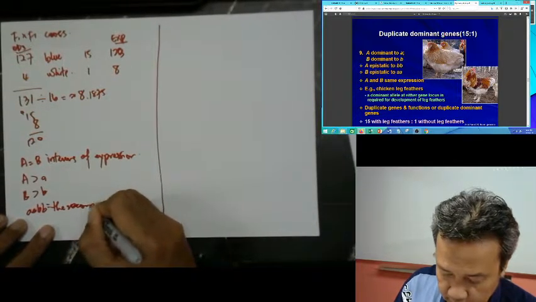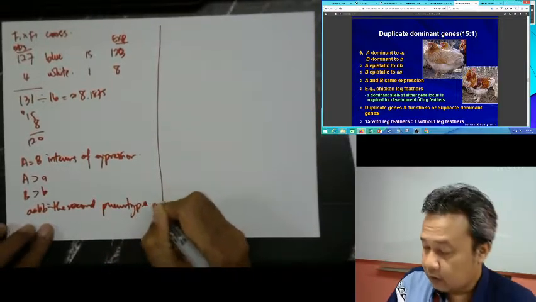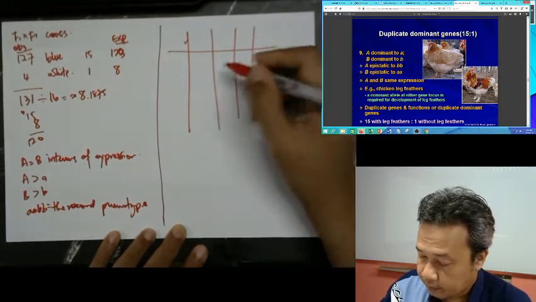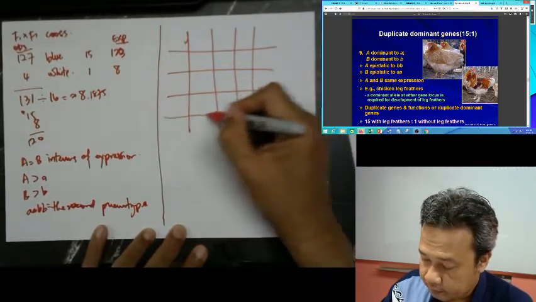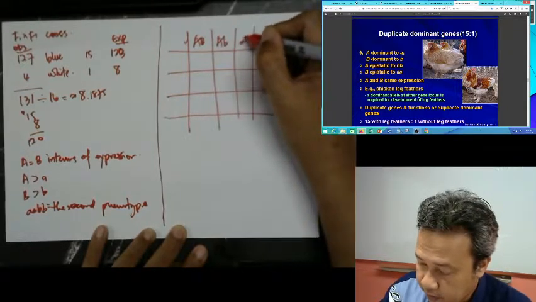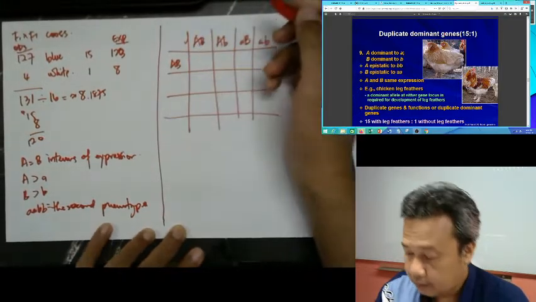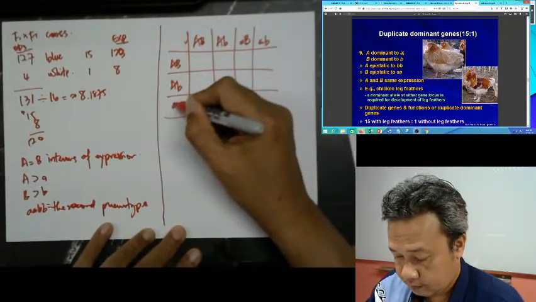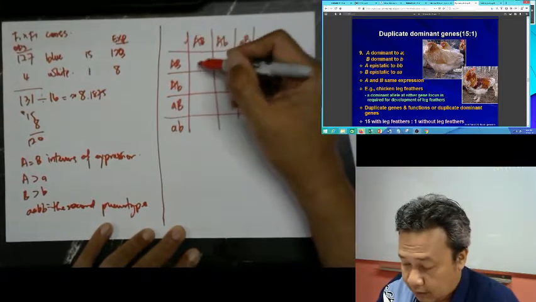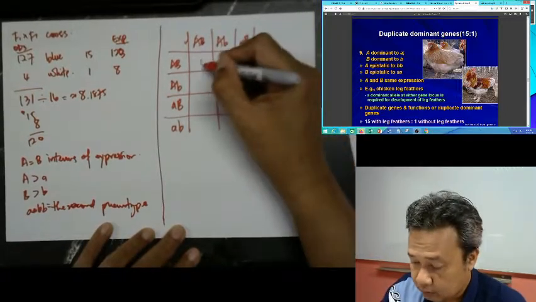I'll call it the second phenotype. So in this cross, Punnett square, AaBb by AaBb. As long as you have A, you'll get the first phenotype.